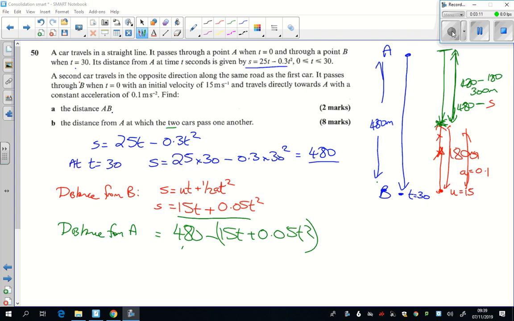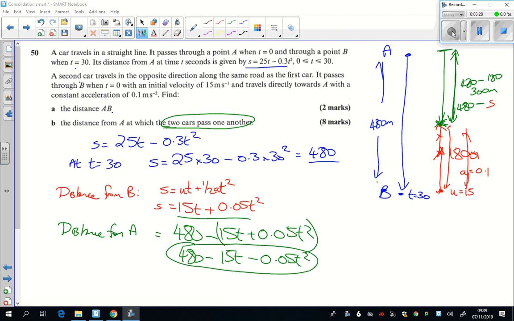And so that is 480 take away 15t take away 0.05t squared. And what we're asked to do is find out when the two cars pass one another. And we've now got two formulas. This is the formula for the second car, and earlier up there we had the formula for the first car. So what I'm going to do now is put these two things equal to each other.